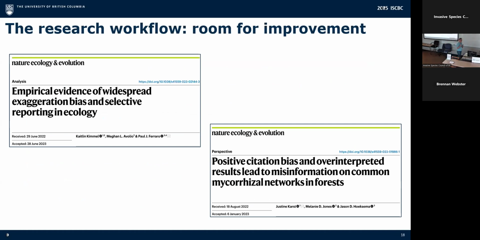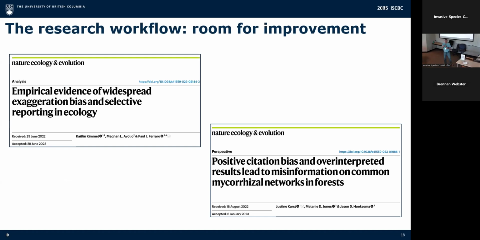These are example studies that looked at bias, and the one on your left talks a little bit about exaggeration bias that arises from low statistical power in the studies, primary research studies. The one on the right was co-authored by a colleague here, Melanie Jones, regarding the wood wide web, the mycorrhizal connections in forests by mycorrhizal fungi below ground.